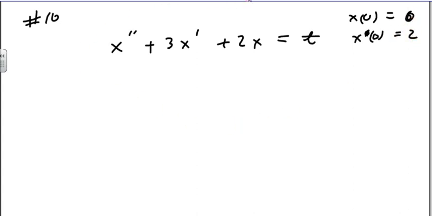Okay, and we're going to take the Laplace transform of our equation. Now this is where you don't have a 0 on the other side of the equation, so make sure when you take the Laplace transform, you do it on both sides.